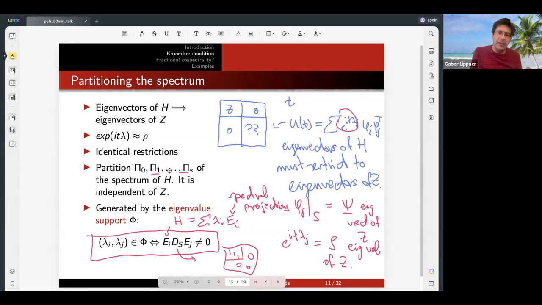The pi plus has the eigenvalues for which the eigenvectors restrict to a 1, 1, and the pi minus has the eigenvectors which restrict to a 1, minus 1. But since we're not talking about 2 nodes, we have an arbitrary subset, then we will have more of these parts. And the rule is that the eigenvalues in each part must behave the same way.